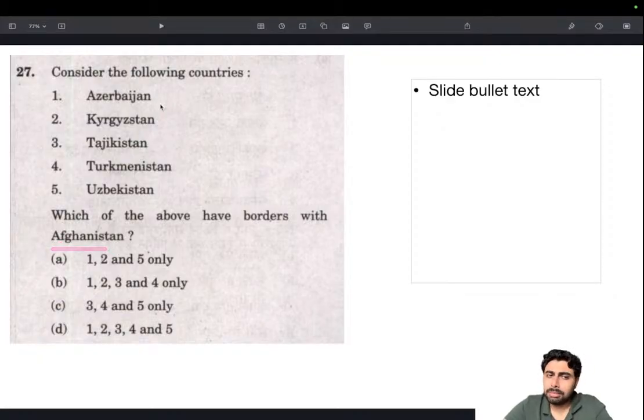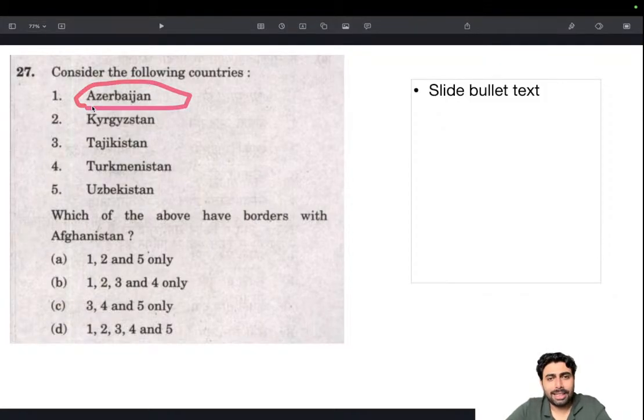Slightly tricky actually, if you ask me. I like mapping the areas, but for me Central Asia is slightly on the trickier side. Most of them are landlocked, that's the major issue, and some of them are double landlocked. Uzbekistan is double landlocked, so that is another issue. But luckily, we got one thing.